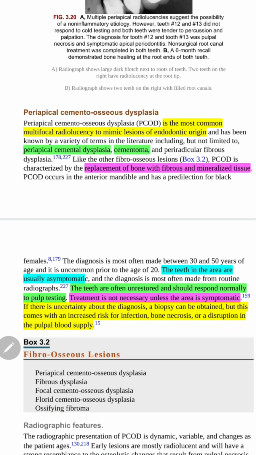Now let's talk about the most common multifocal radiolucency that mimics a lesion of endodontic origin.